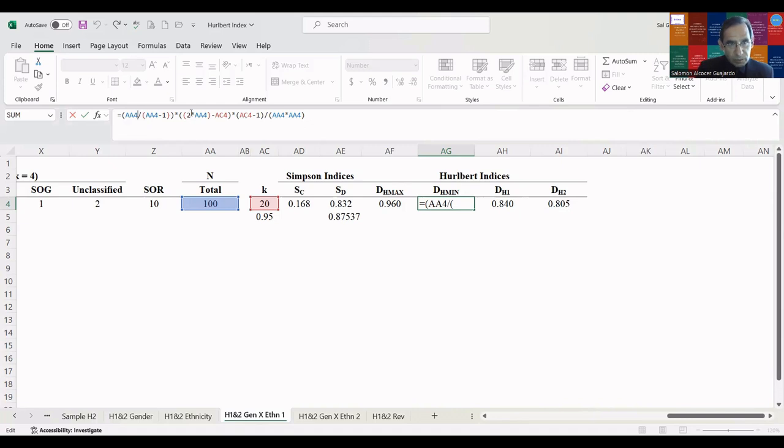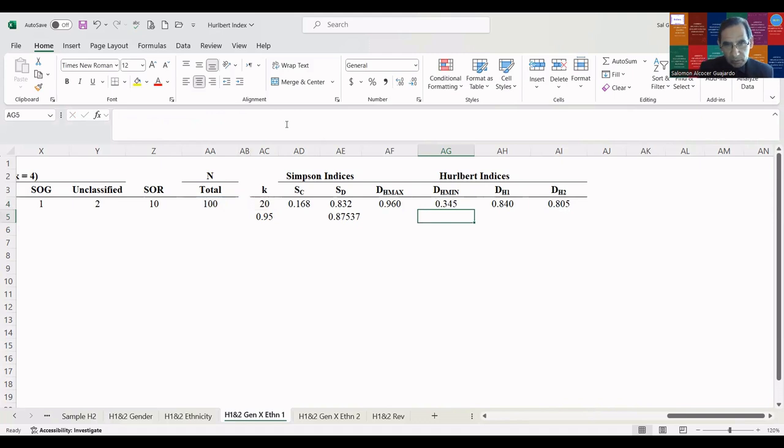In this case, it will be 2 times 100 minus 20 times 20 minus 1. Then I'm going to divide that by the total number of individuals squared, which is going to be, in this case, 100 times 100, or the cell number is going to be AA4 times AA4. So when I apply the formula to the data, I get a minimum score of 0.345. That's the minimum score possible based on this data.